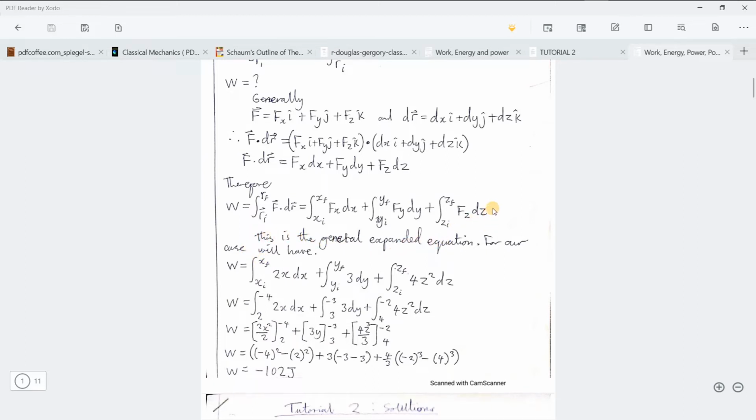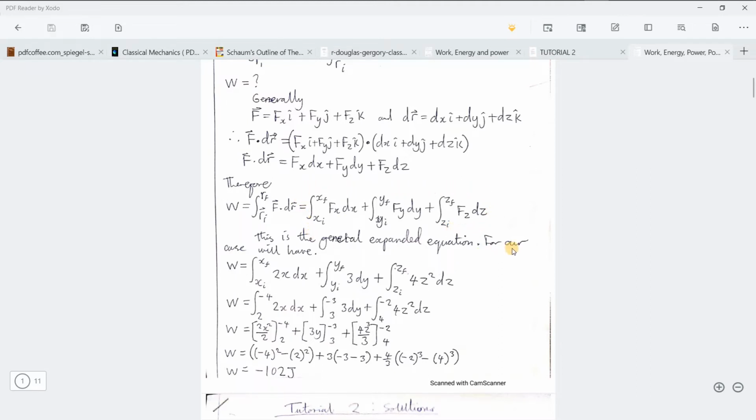This equation is the general way of finding work done when you are using the formula of the integral of F dot dr. When you use this formula, you have to use this way of calculating the work done.